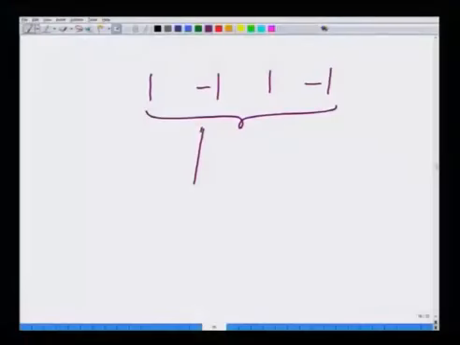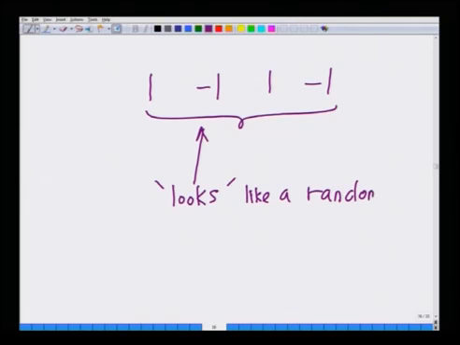Roughly looks, that is the key, this is colloquial. Let us note it has no technical meaning right now. It looks and feels approximately like a random sequence of plus 1 comma minus 1.